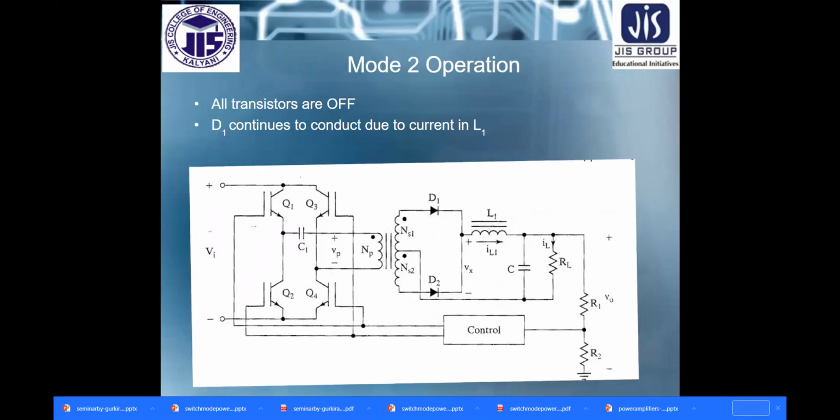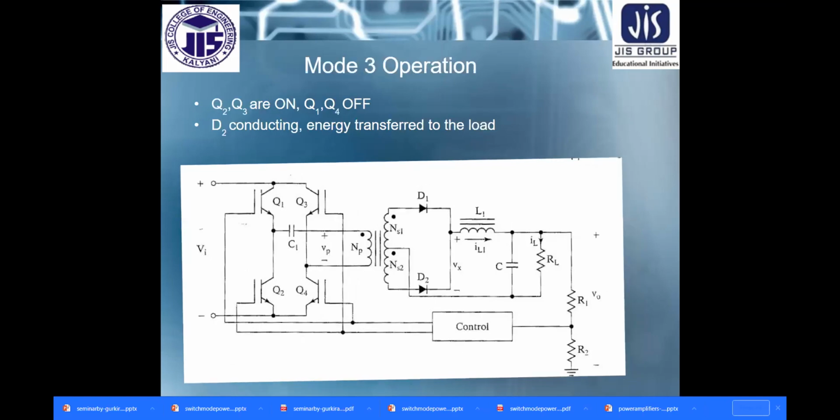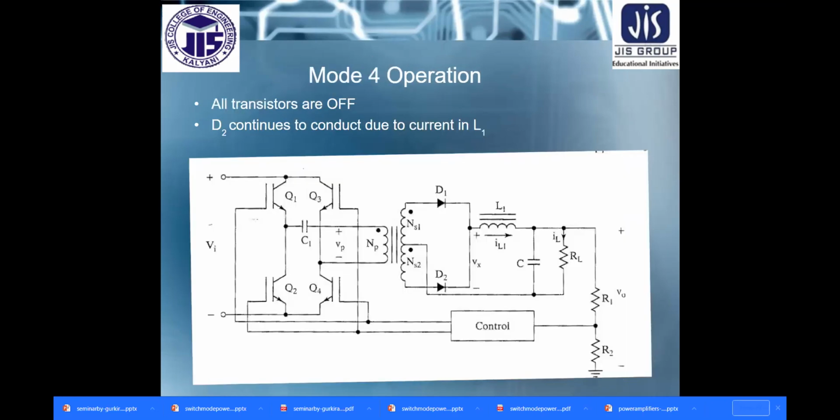Mode 2, all transistors will be off, D1 continues to conduct due to current in L1. In mode 3, Q2, Q3 are on, Q1, Q4 off, D2 will be conducting, energy will be transferred to the load. Mode 4, same, all transistors will be off. D2 continues to conduct due to current in L1.